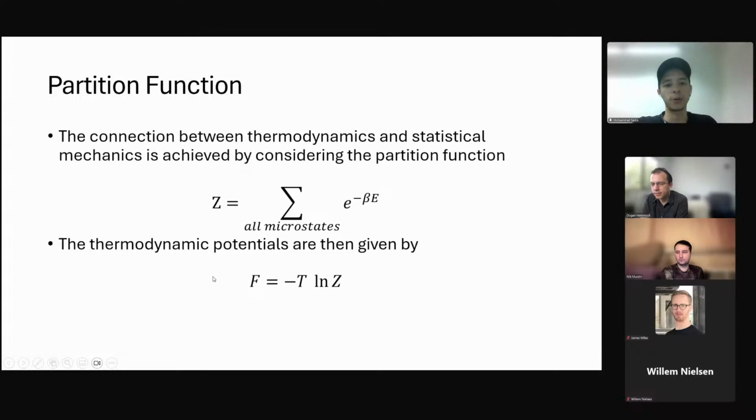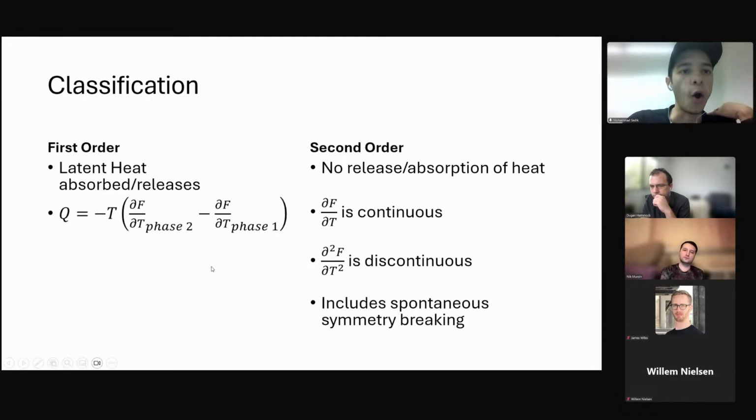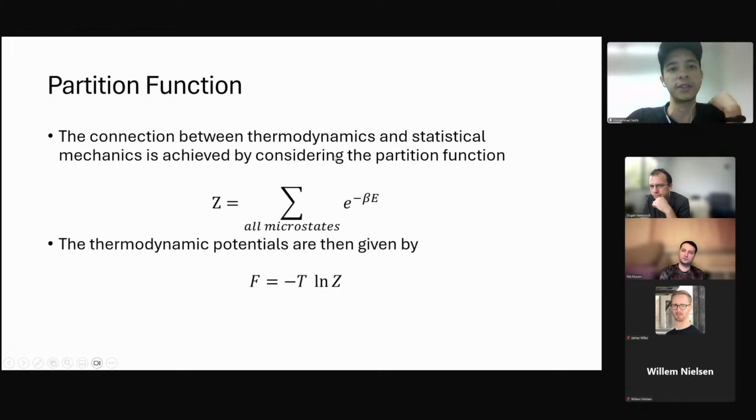Okay. So as we can see from here, all different kinds of phase transition have some problems with F, some discontinuity with F, non-analytic behavior in F. So if one wants to study phase transition from the statistical mechanics point of view, we have to see what happens for Z, because that's the one that describes statistical mechanics.